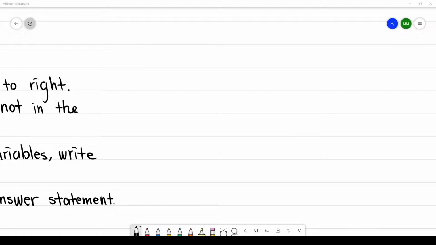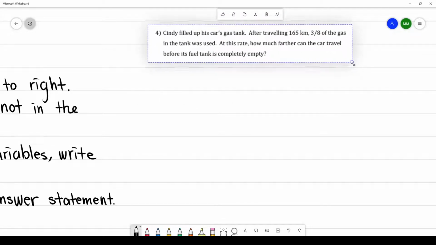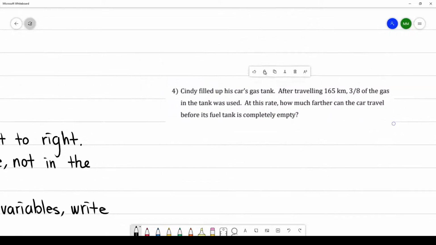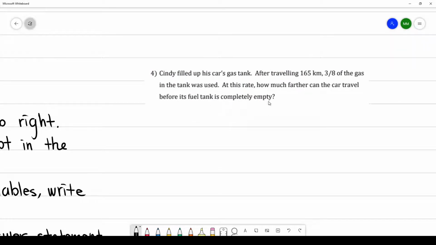Let me use number 4 as an example. So this question, you guys have done this and most of you got it right.